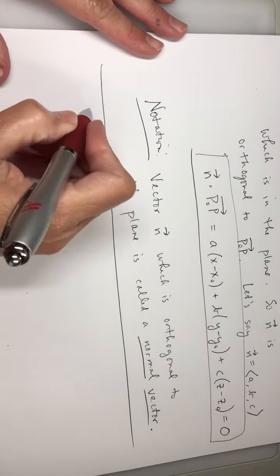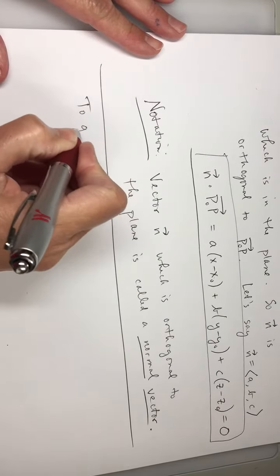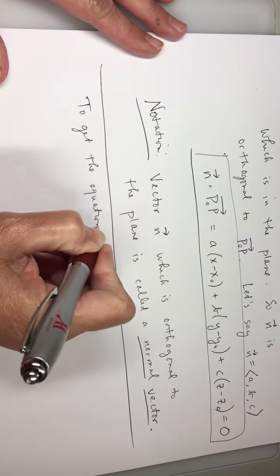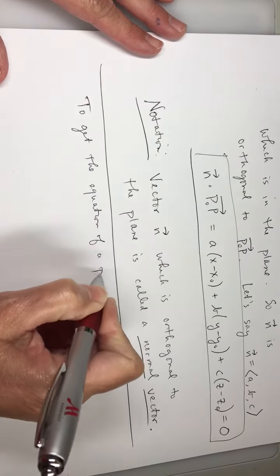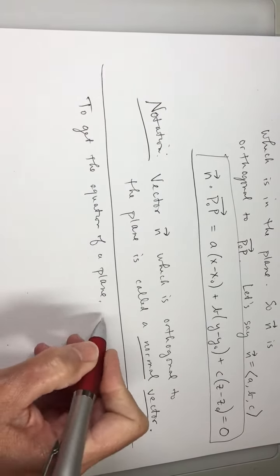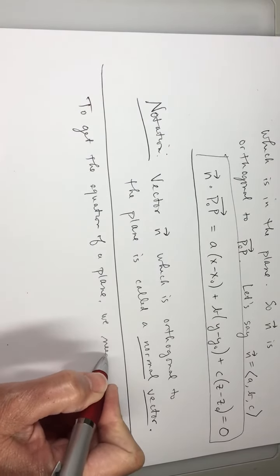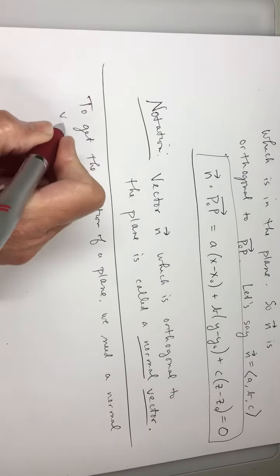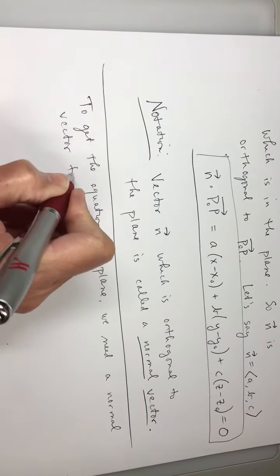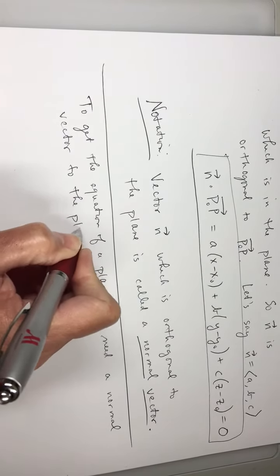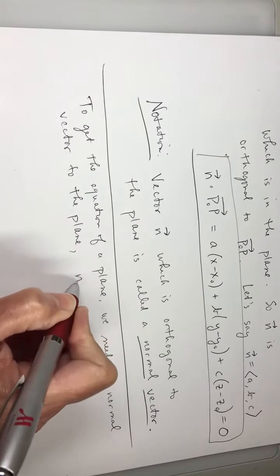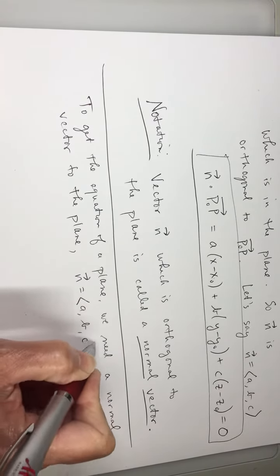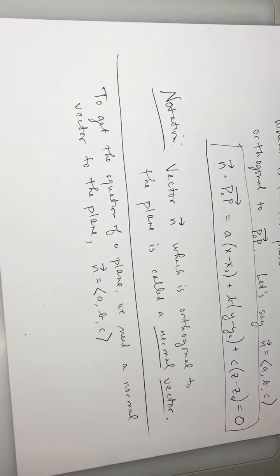Let's go with it. So to get the equation of a plane, we need a normal vector to the plane, and they called this vector n, and we'll write vector n has components a, b, c.